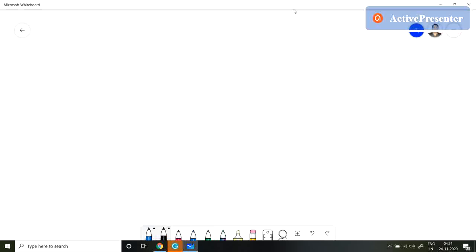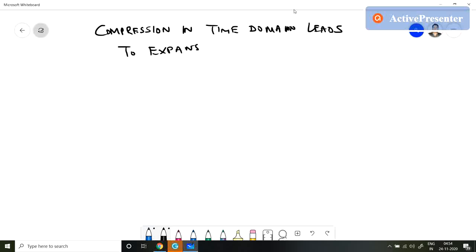This is a very important point, that compression in time domain leads to expansion in frequency domain, and vice versa.